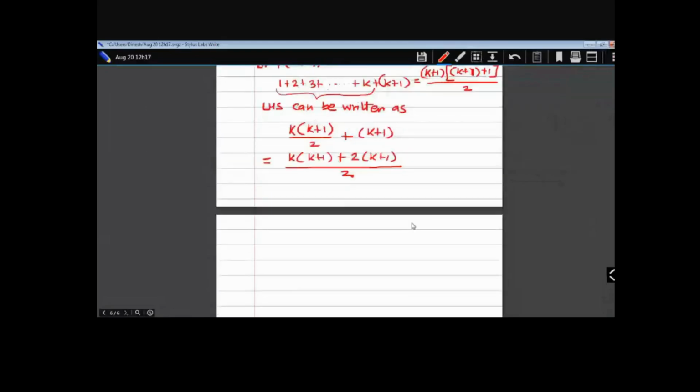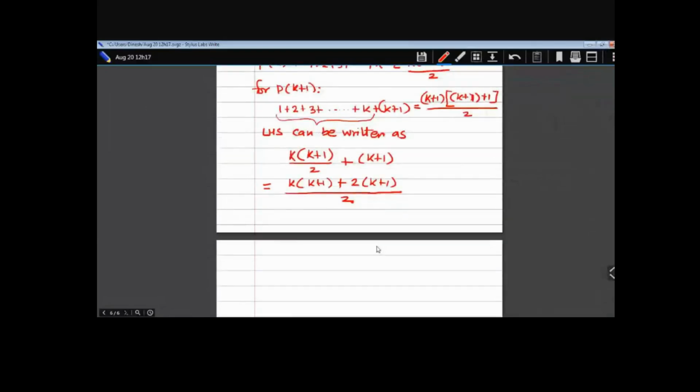I just paused for some time. Now solve for this. What you can take outside is k plus 1. So I'll keep the k plus 1 outside. And what do you have here? It's k plus 2, right?